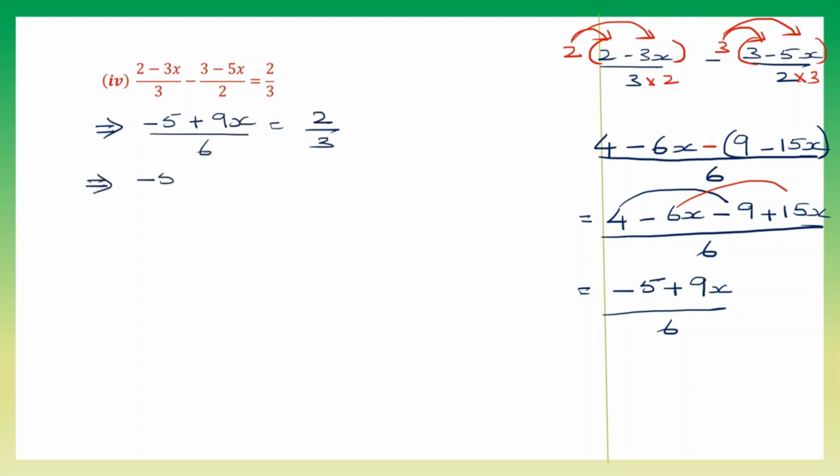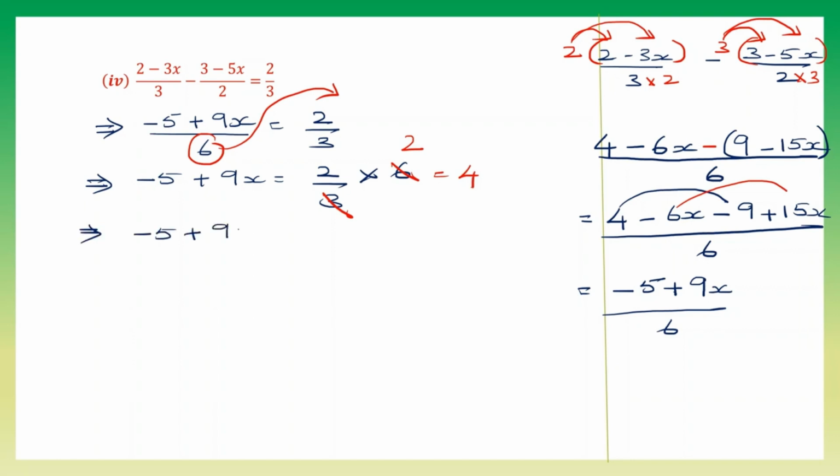Now minus 5 plus 9x is equal to 2 by 3 into 6. We have transposed 6, which is division here, from the left hand side to the right. Now we can cancel something here. 3 2s are 6. So 2 2s are 4. So here what do we have? We have minus 5 plus 9x is equal to 4. Now let's find the value of 9x first.